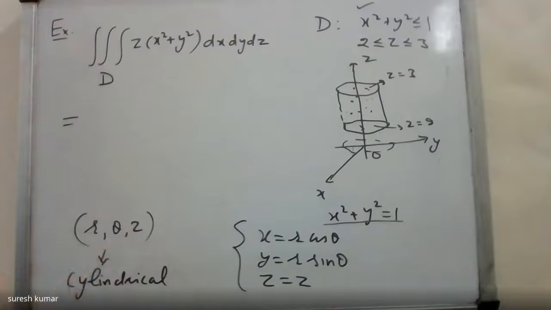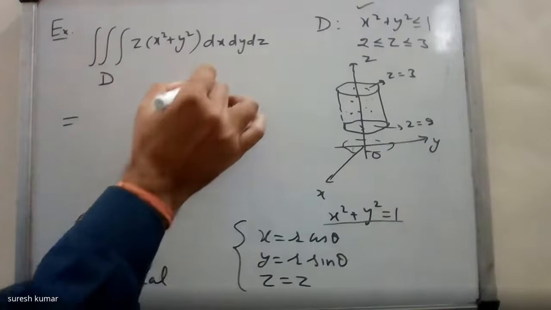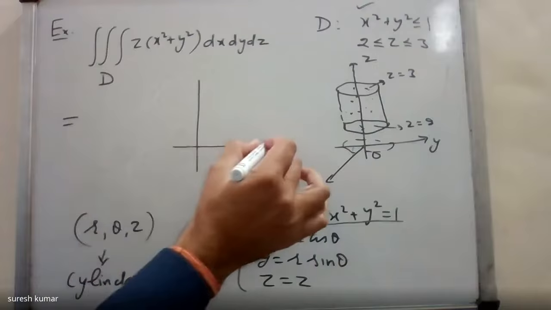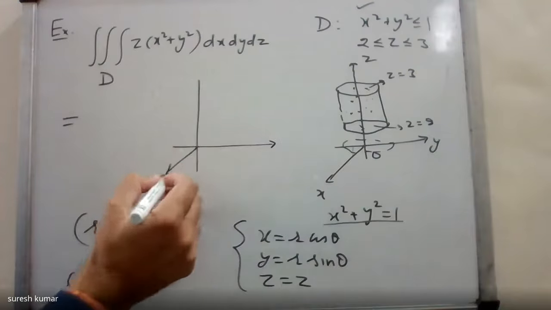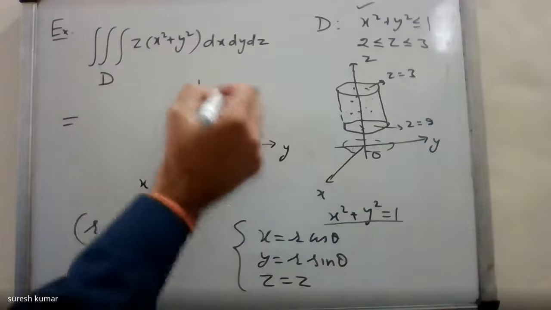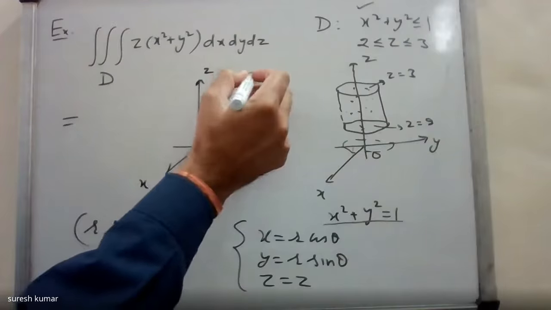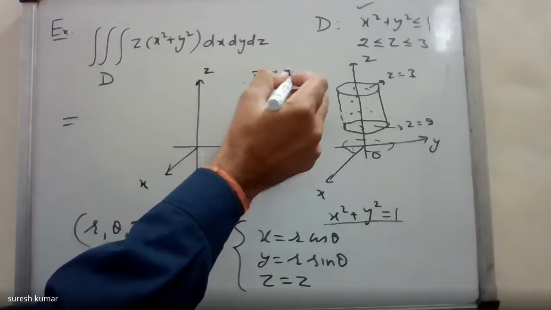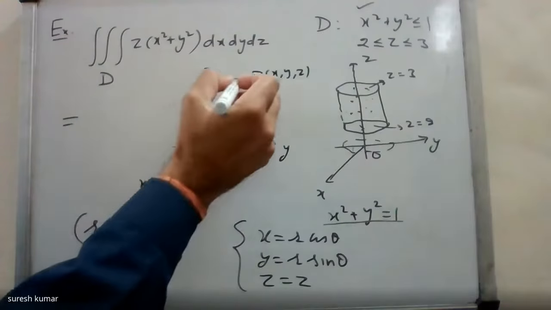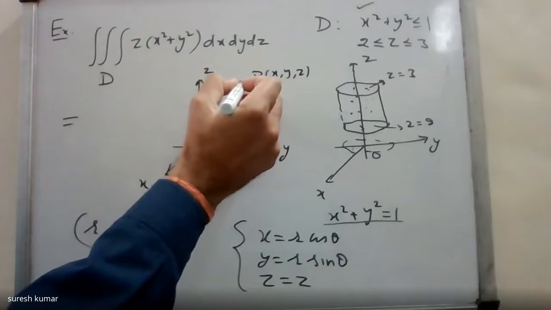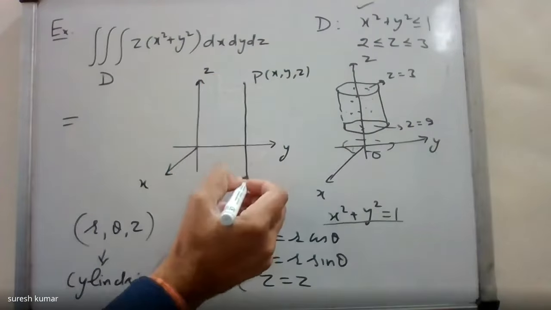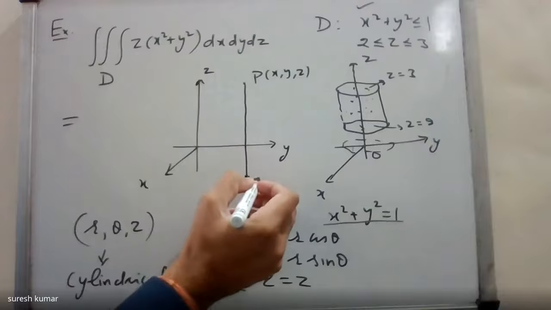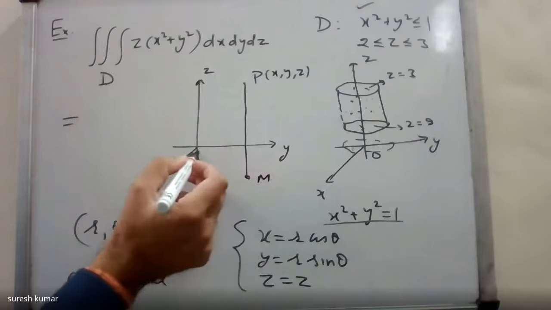Do I need to explain it? What are cylindrical coordinates? Let me quickly tell you, though I have explained it earlier. A point P is given in space. For cylindrical coordinates, draw a perpendicular on the xy plane from P, with M as the foot of the perpendicular.